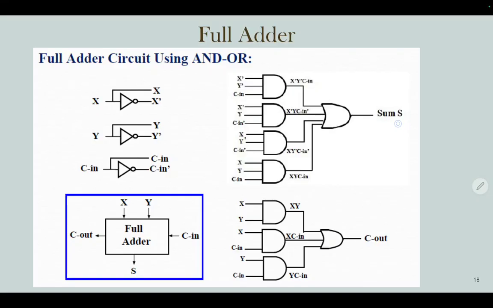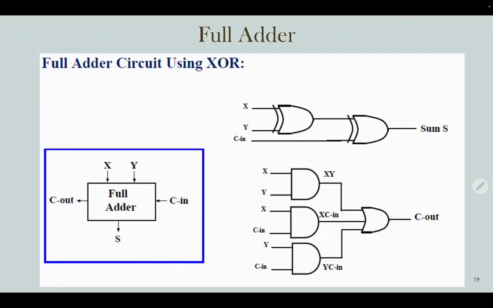This is sum, this is C out. So this is the symbol for the full adder. Also, the full adder can be represented by these two XOR gates, which give sum and then C out. So basically you have three kinds of symbols to represent the full adder.